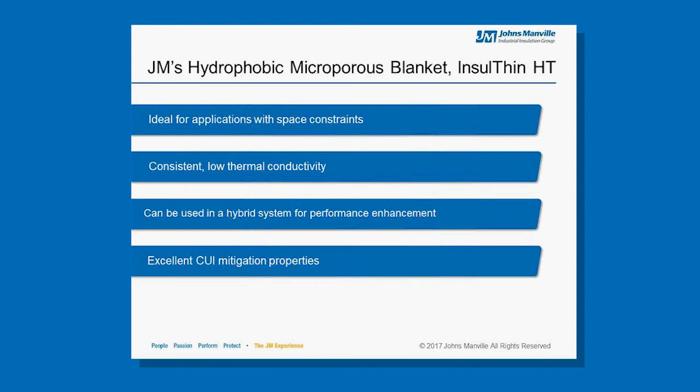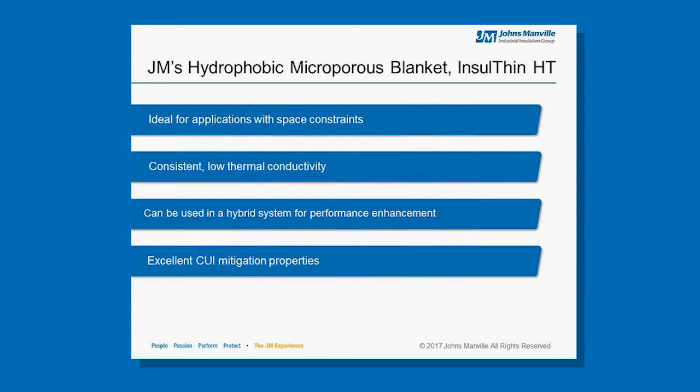It has very low thermal conductivity, and that thermal conductivity is consistent through the temperature range of operations. It can be used in a hybrid system for performance enhancement as well as budgetary constraints. This material is very similar to an anecdote that I like to use. Back in the early 1990s, phones were the size of bricks.